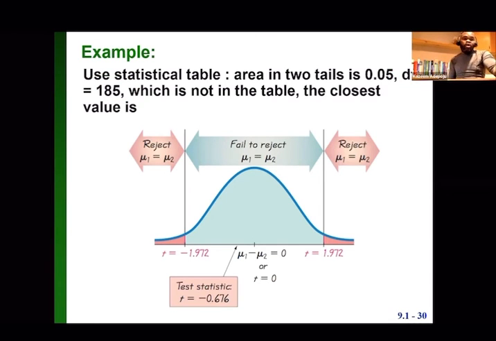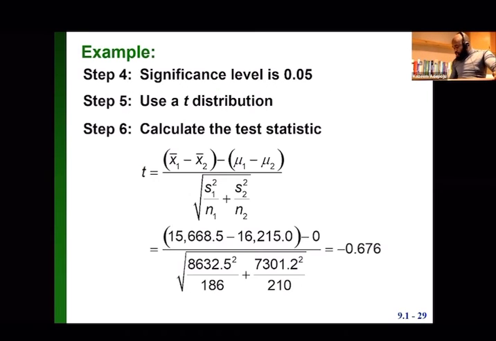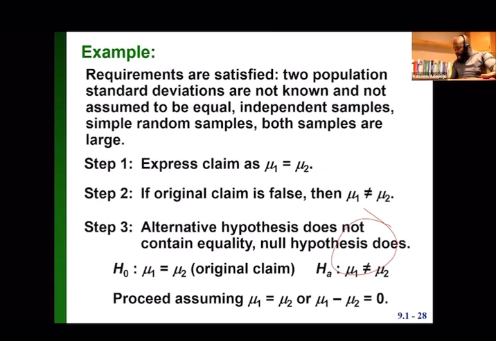Next, we're going to have a p-value for that. If you want a p-value, the nature of the test has to be put into consideration. This is a two-tailed test, because the name of the test depends on the nature of the alternative hypothesis.